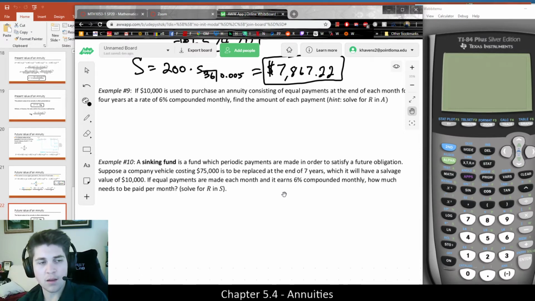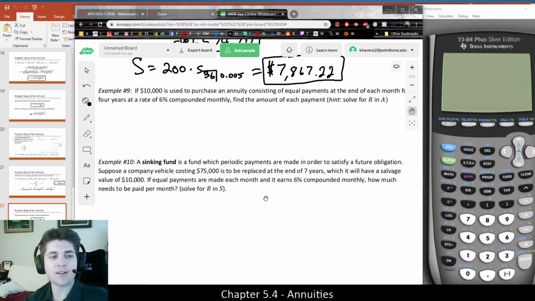Essentially we could purchase an annuity with a lump sum. We could pay all this money and get a monthly payment in response, which is what we're figuring out here: what is R.